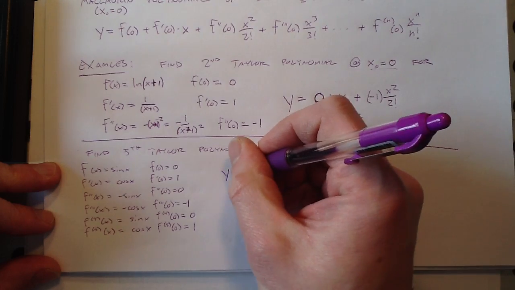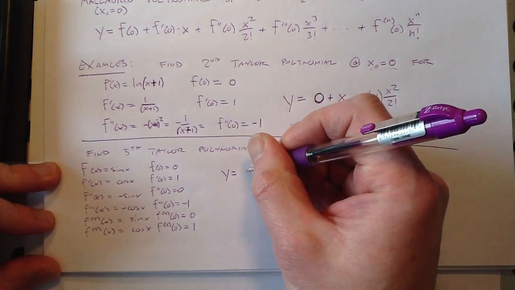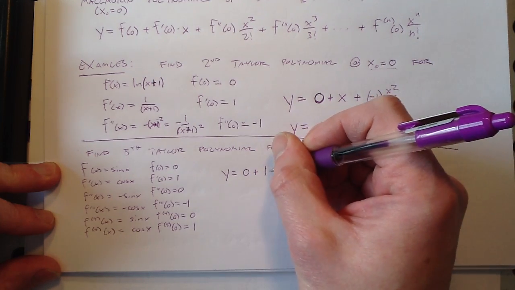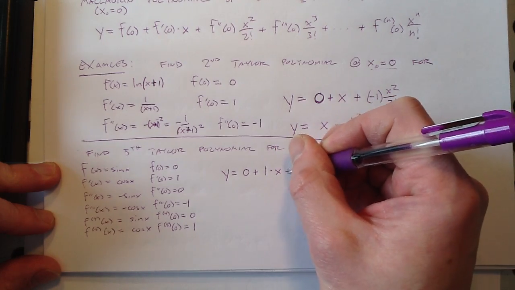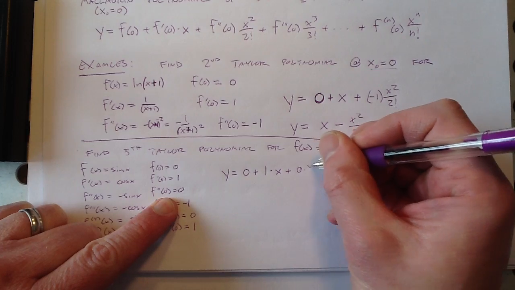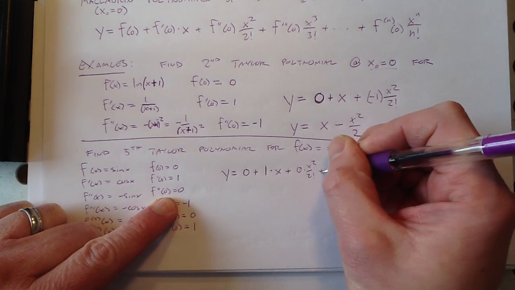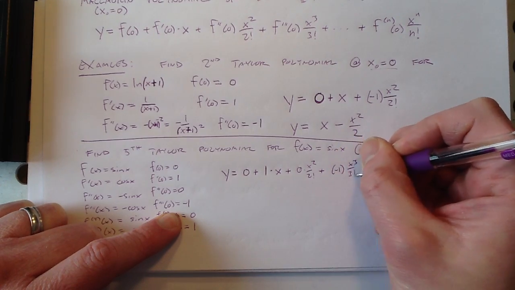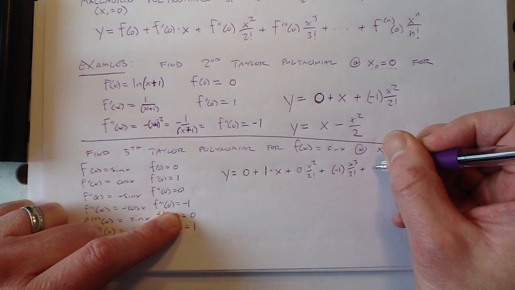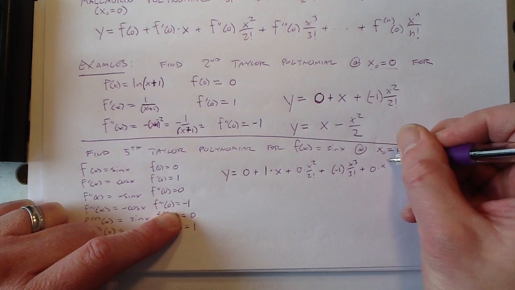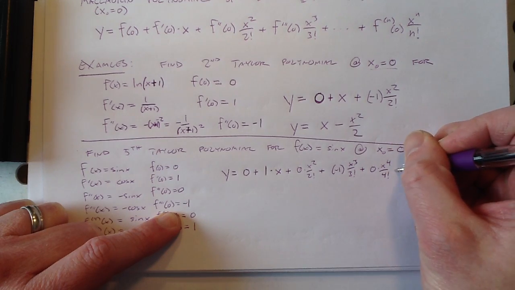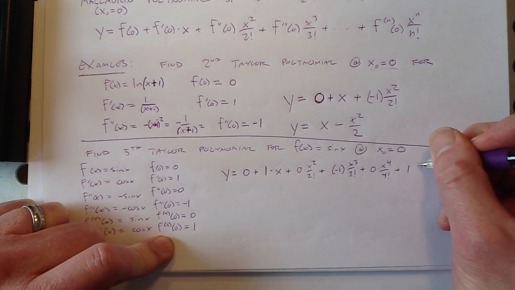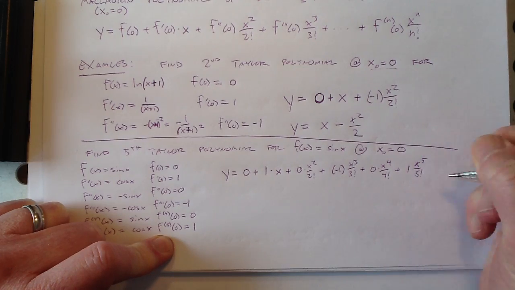My fifth degree polynomial is y equals f of 0 plus f prime of 0 times x plus the second derivative times x squared over 2 factorial plus the third derivative times x cubed over 3 factorial plus the fourth derivative times x to the fourth over 4 factorial plus the fifth derivative times x to the fifth over 5 factorial.